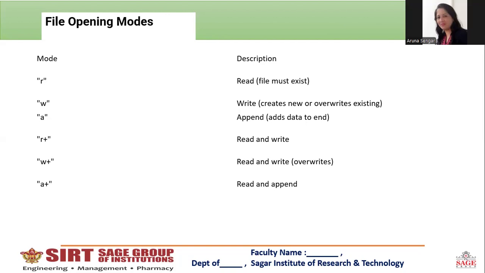The next mode is a, which stands for append. Append means if we want to add data to an already existing file, then the mode will be a. The next mode is r plus, which stands for read and write both. And next is w plus, which reads and overwrites the file. And read and append mode is a plus. These are the modes in which we open a file and do operations.